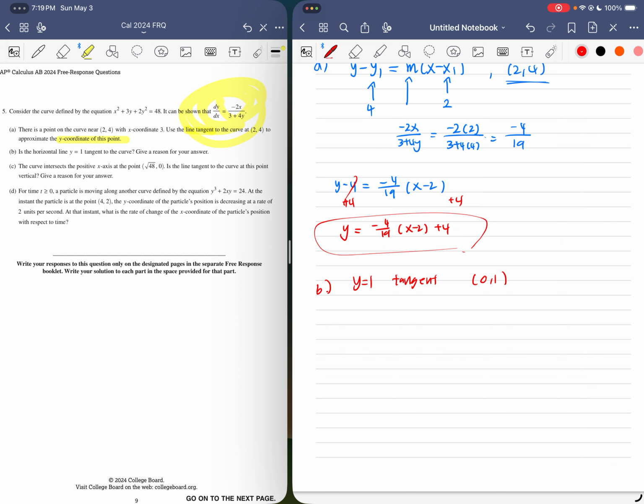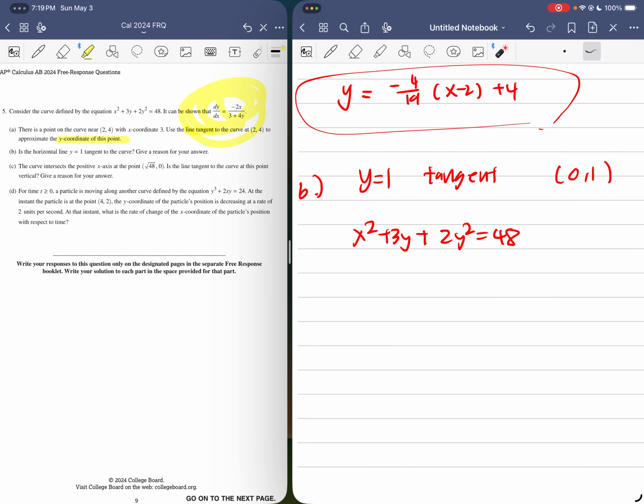The only thing you really have to do is, do you see this original equation, which is x squared plus 3y plus 2y squared equals 48? Once you plug this point in, that should be equal to 48. If they are not equal to each other, they're not even tangent. So let's see.